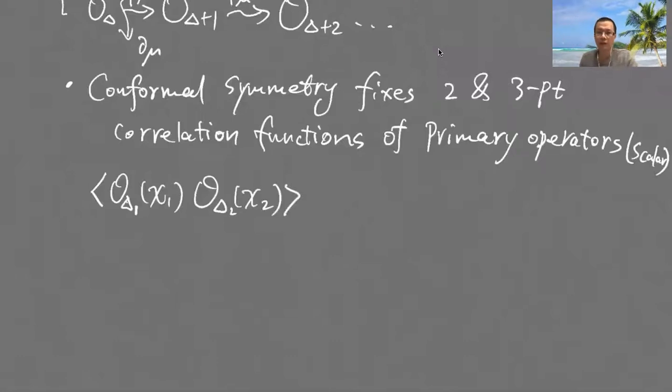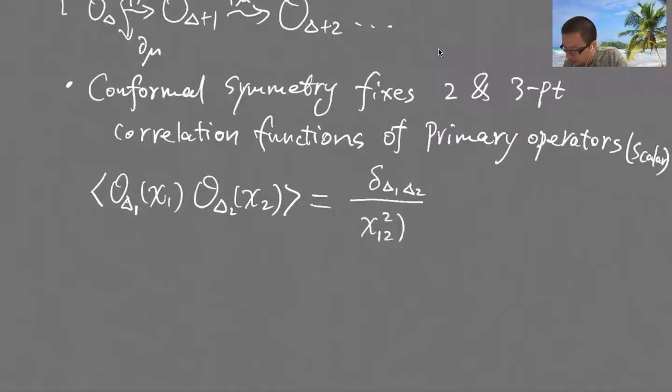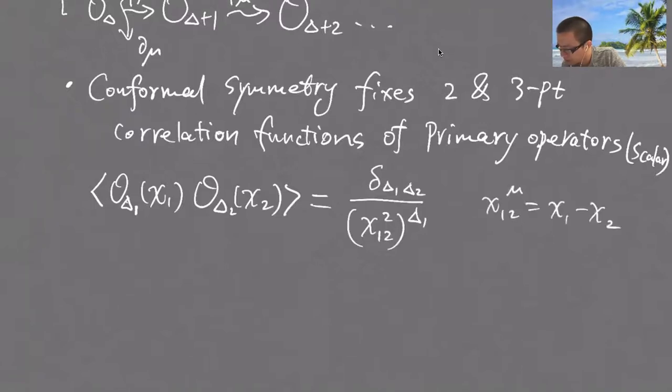The correlation function is completely fixed by the conformal symmetry, and up to normalization, the result is given by a Kronecker delta of delta 1, delta 2. So this Kronecker delta implies that this correlator vanishes unless delta 1 is equal to delta 2. And here x1,2 really means x1 minus x2.